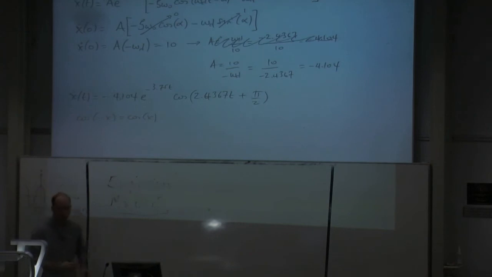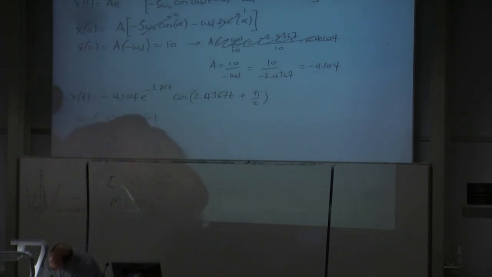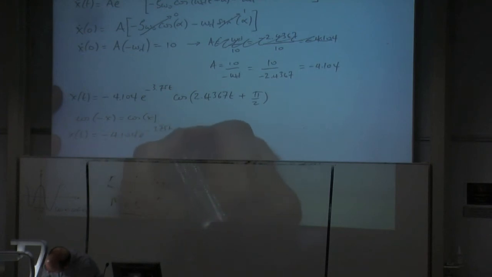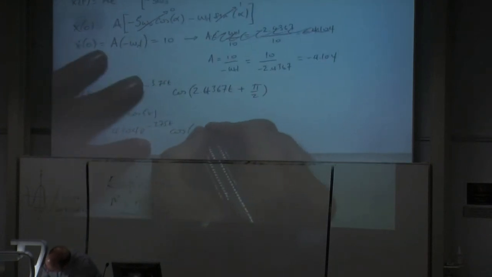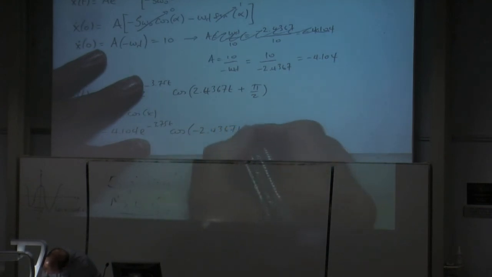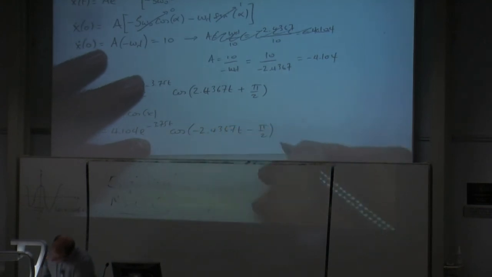Now, because that's the case, I can rewrite this equation. X of t equals minus 4.104 e to the minus 3.75 t cosine of minus 2.4367 t minus pi over 2.